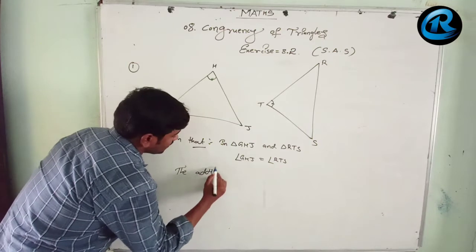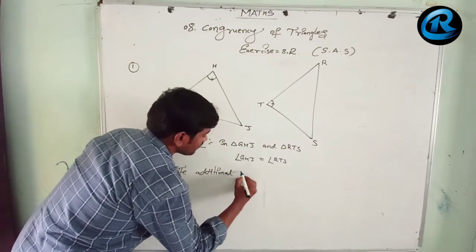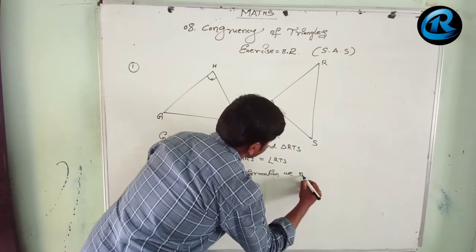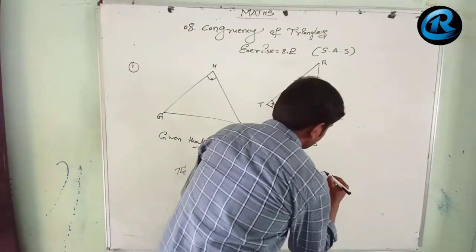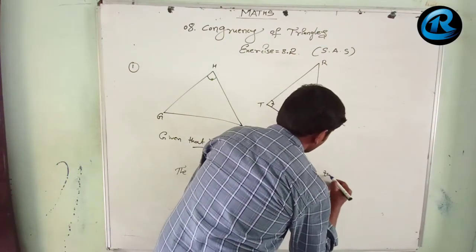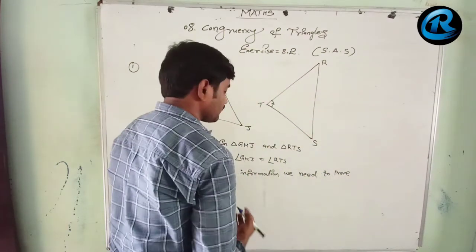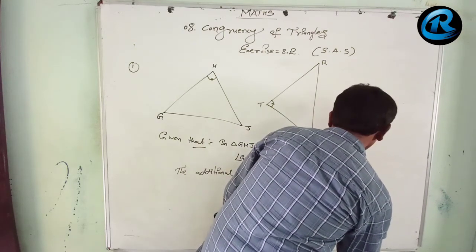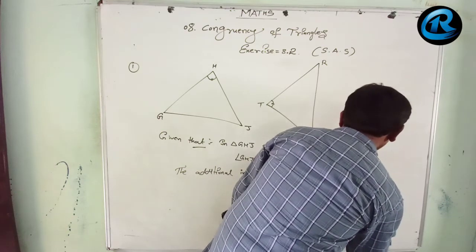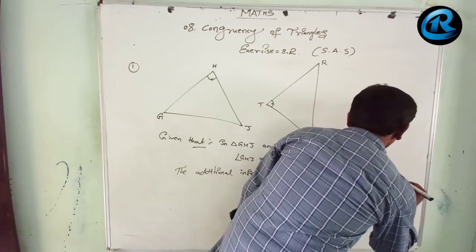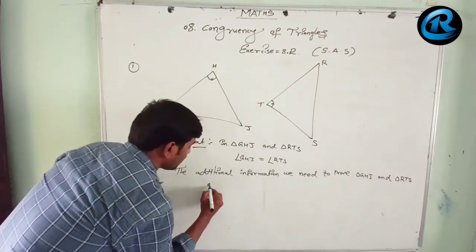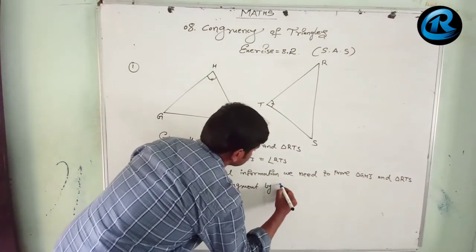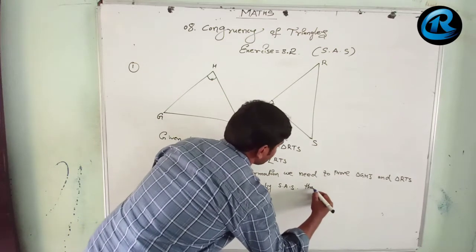The additional information we need to prove the triangles GHJ and RTS are congruent by side angle side.